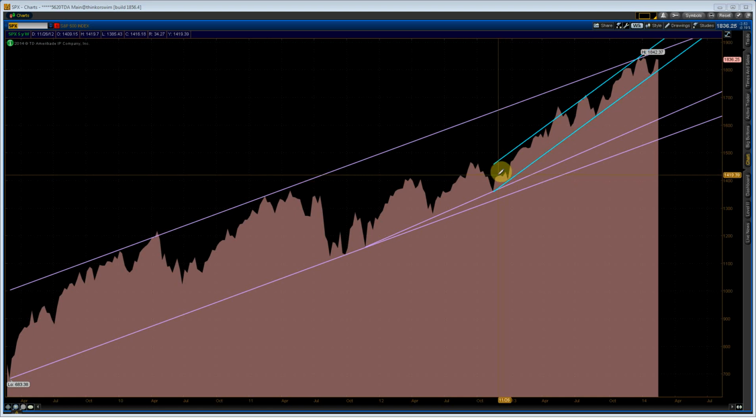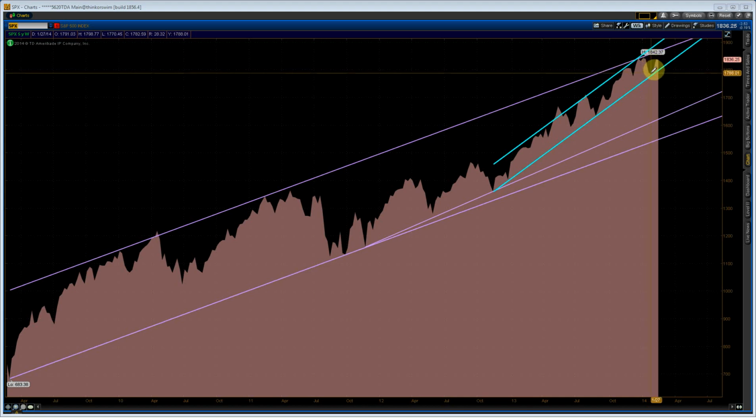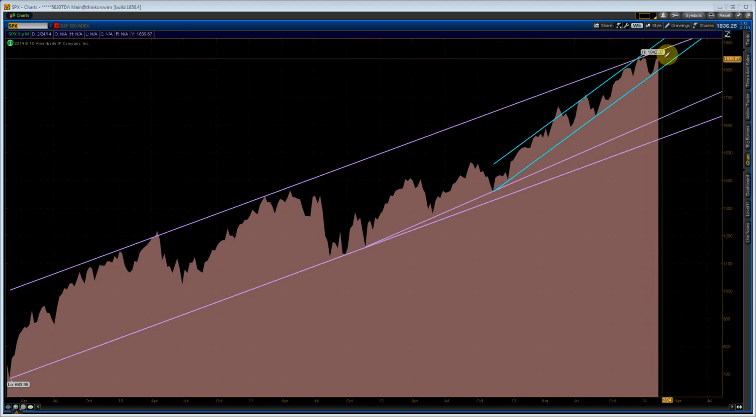The one thing we haven't got in relation to the S&P 500 just yet is a failure of this channel line. We did come down recently and retest it. We've bounced up from it, and we've really ended very, very close to the prior high.